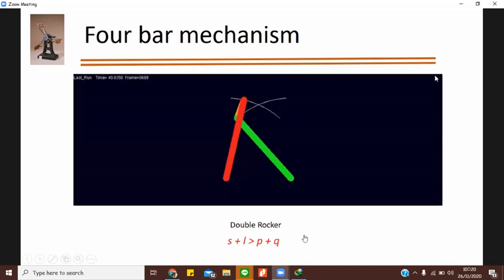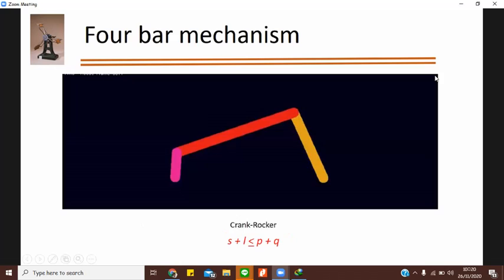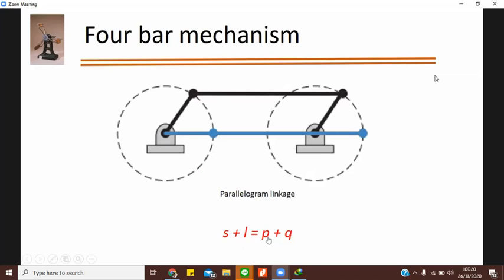There's one more condition which we didn't see till now. In all these, S plus L is smaller than P plus Q. Now you will have a condition where S plus L is equal to P plus Q. In this condition, what will happen? You will form a parallelogram linkage.